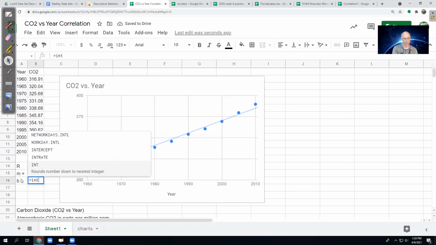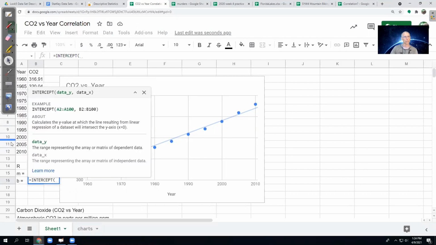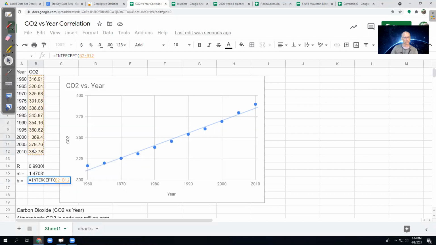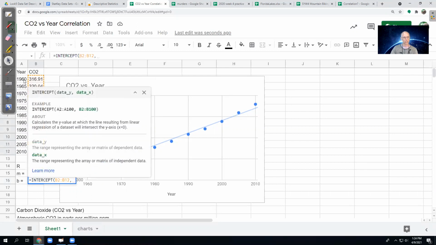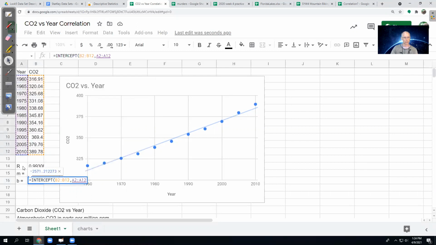The command is INTERCEPT. So start typing intercept of a linear regression. Enter. Y values first, x values second. So now we have the slope and the y-intercept, which gives me the equation for that line right there.